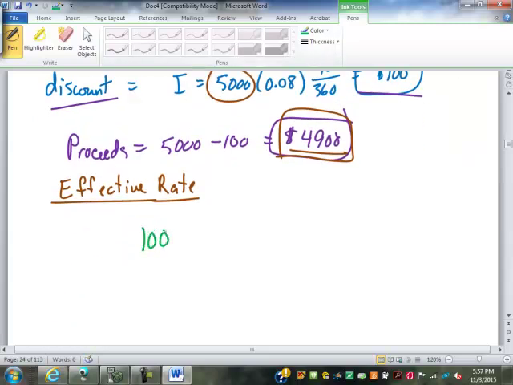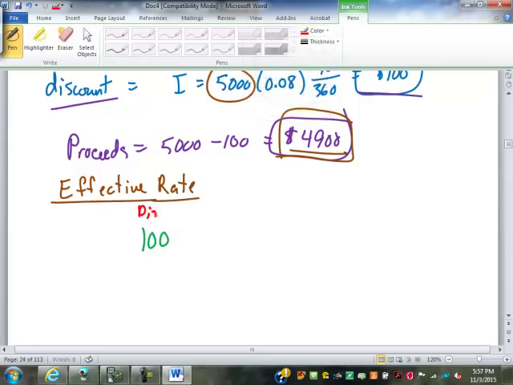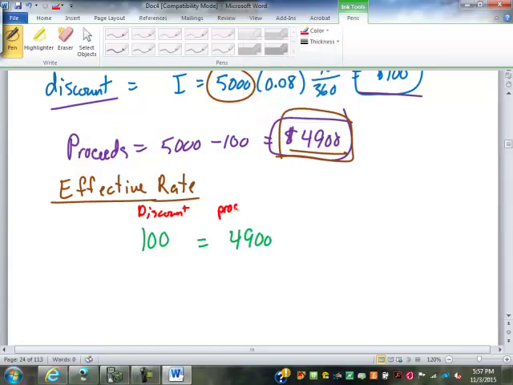The amount of interest is the discount. Our principal, $4,900, is the proceeds. And we are trying to find an effective rate.